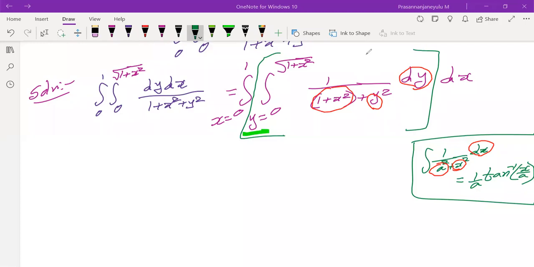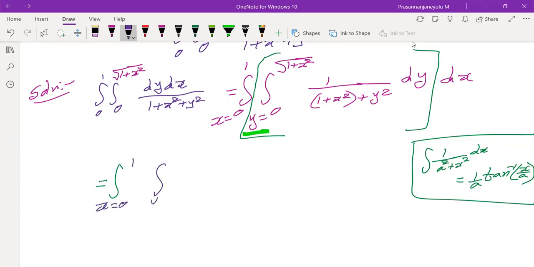How to get a? Can we write this 1 plus x square as root of 1 plus x square whole square? Yes or no? Then what is a? Root of 1 plus x square. A square is 1 plus x square. Then we get our previous step. So like that, I'm going to write this as integration of x varying from 0 to 1.